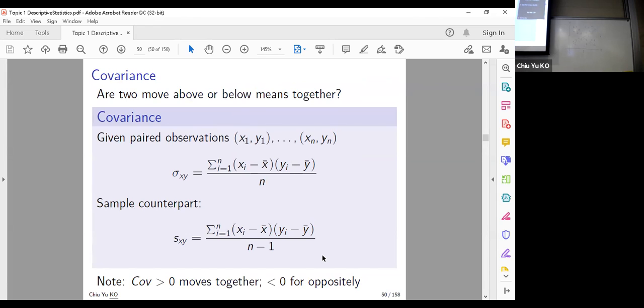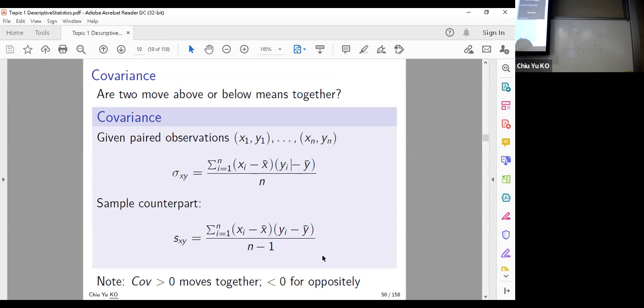If positive, they move together in the same direction, above the mean or below the mean. They're friends if positive. If they're enemies, it's negative. I go north, you go south; you go east, I go west. You above the mean, I below; you below, I above. And this is not easy to compare.